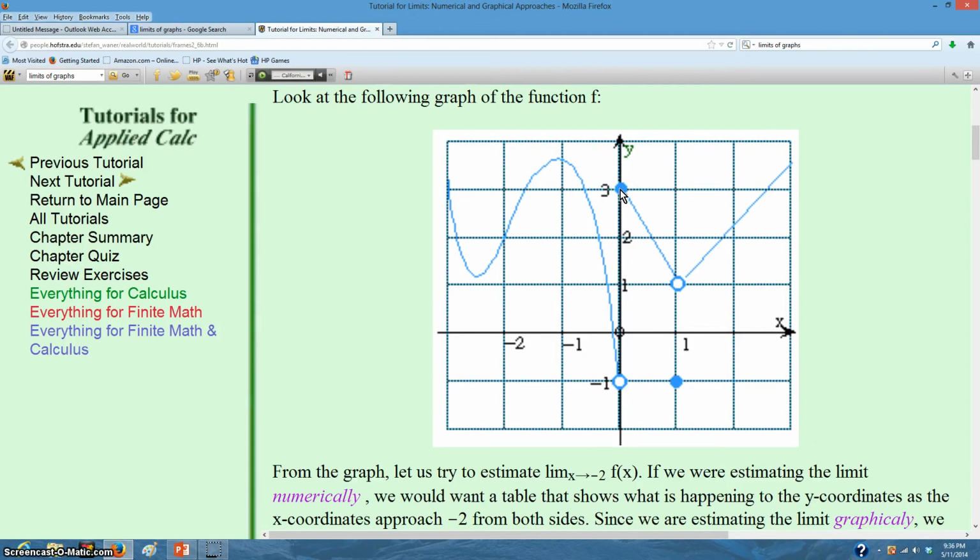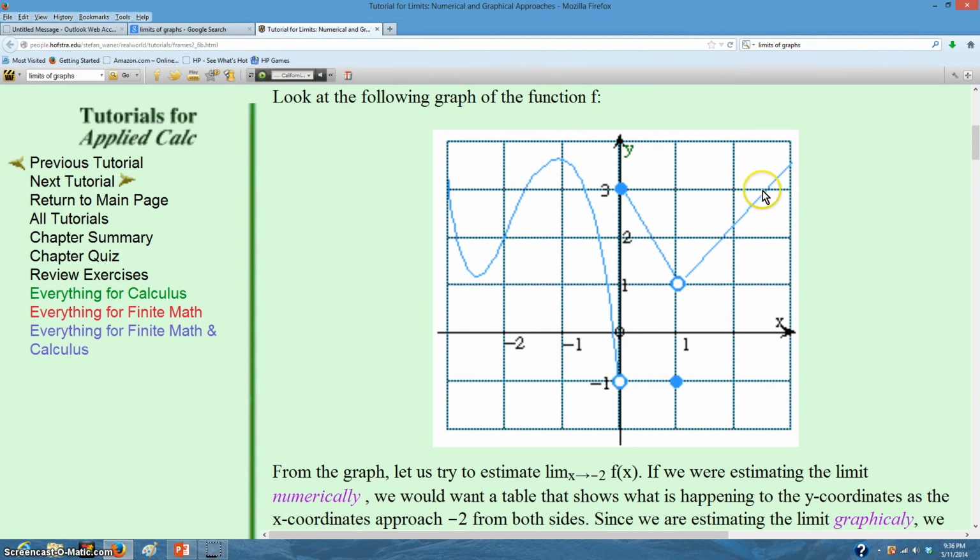Now, since we're approaching, let's go ahead and take the limit. So remember, the limit of this function as x approaches 0. Before we can do that, we have to approach it from the left, and we also have to approach it from the right. So if we approach from the left, that's this function right here. So my wall is right here. If we approach from the left, we continue from the left, and we get our y value to be -1.